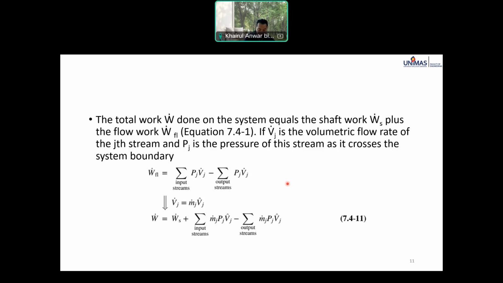This discussion is for the open system, meaning mass can enter and exit the system. So W_fl refers to the mass exiting the process. W_s, the shaft work, is the total work done to transport mass into the system. So work equals W_s plus this equation.